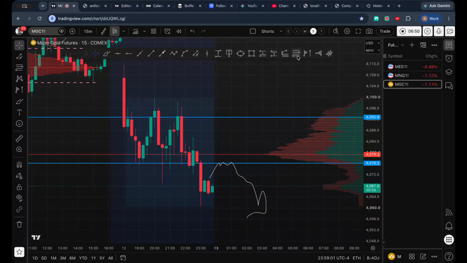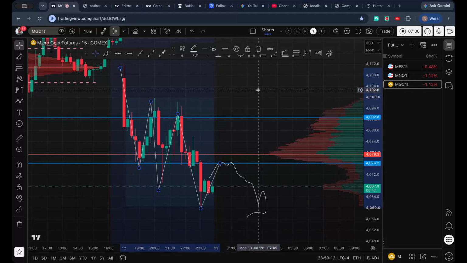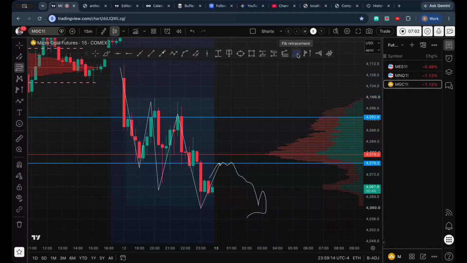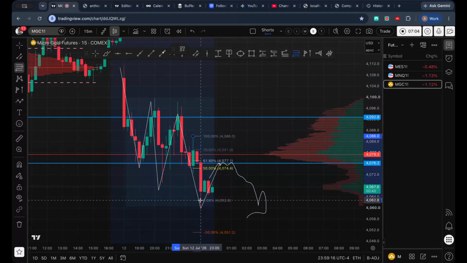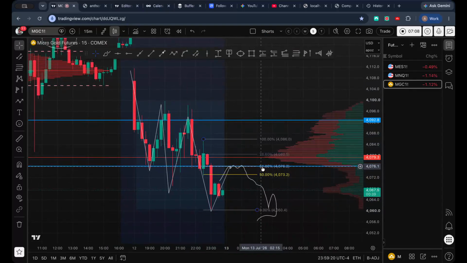And use the fib. Look at these pullbacks right now. This is a 15-minute, but you've got that going on. Lower low, and then I want to see that. Grab a fib retrace, and you could pull it from here. But be careful, if it pushes through this low, there's a good chance that it goes for a bigger swing.